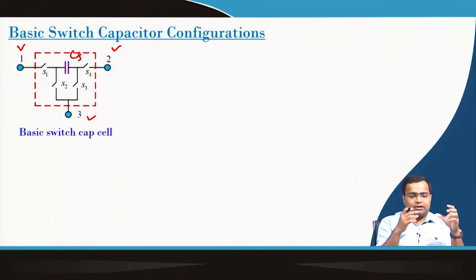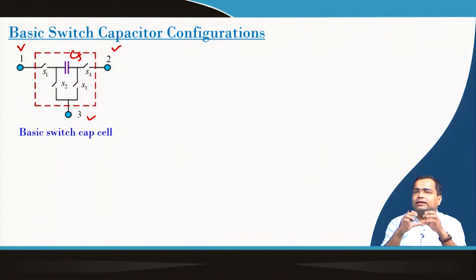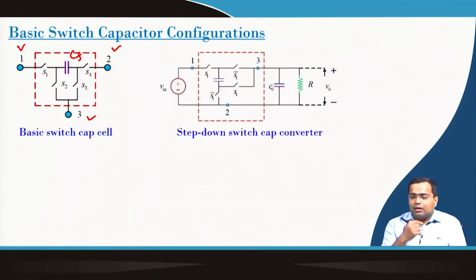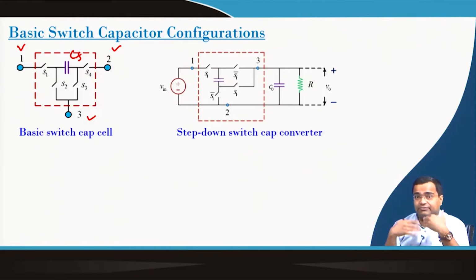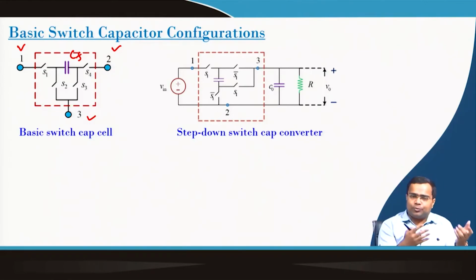Now, we can connect these 3 terminals in different ways to achieve various functionality. You can achieve step down operation, you can achieve step up operation, and you can even achieve voltage inversion like an inverter. So, I am just showing here 2 cases, step down and step up. I am not showing voltage inversion, that is also possible.